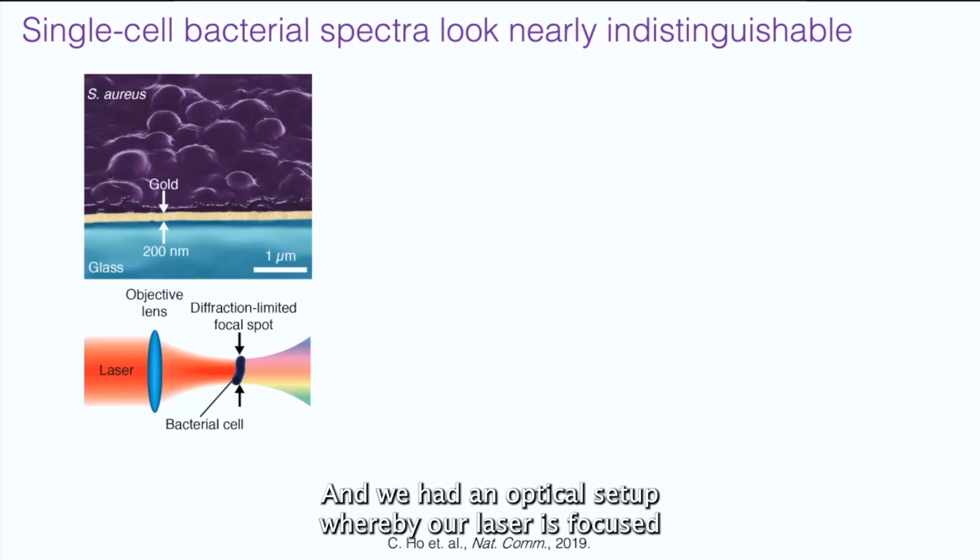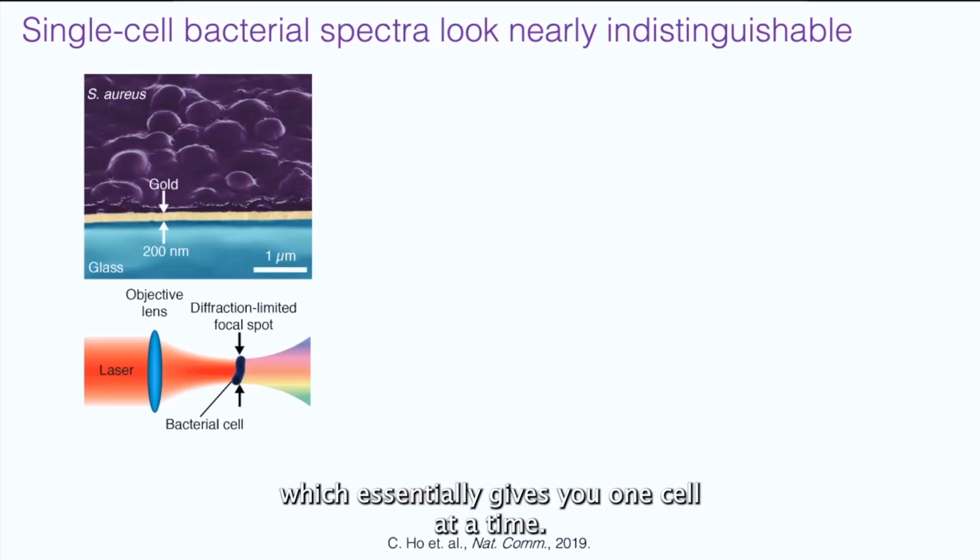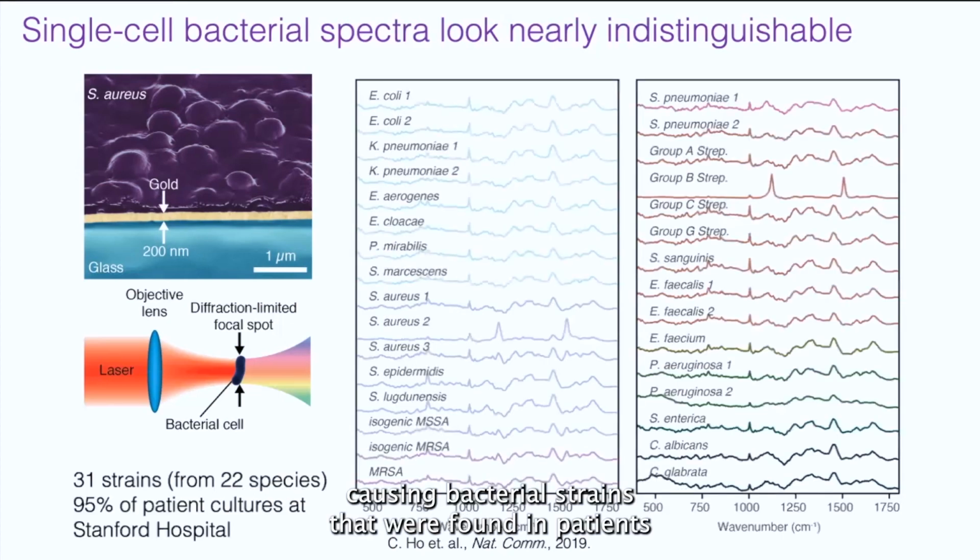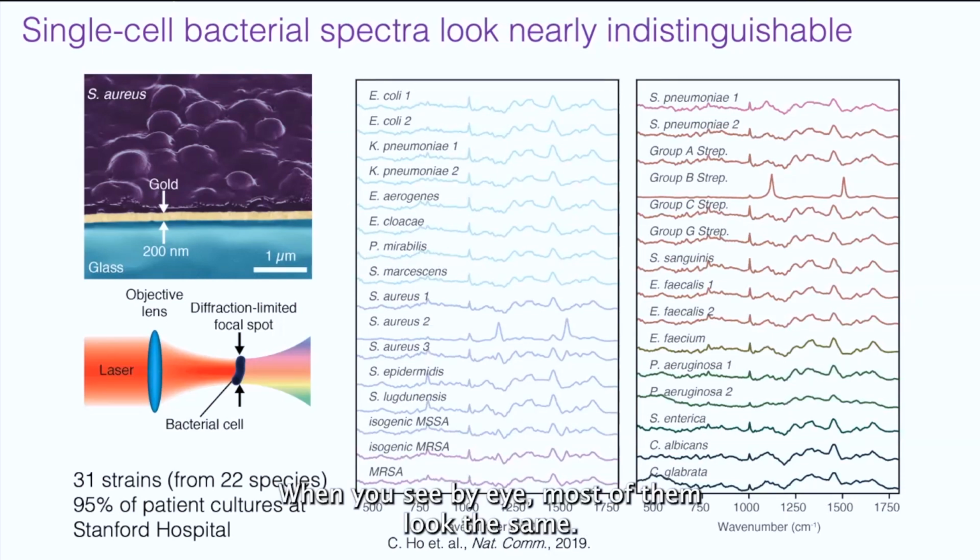And we had an optical setup whereby our laser is focused at about 1 micrometer diffraction limited spot, which essentially gives you one cell at a time acquisition. And so we collected 30 of the most common disease-causing bacterial strains that were found in patients at the Stanford Hospital and looked at their spectra. When you see by eye, most of them look the same.